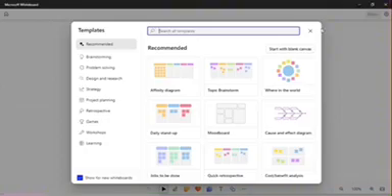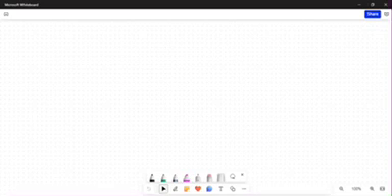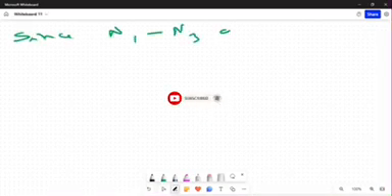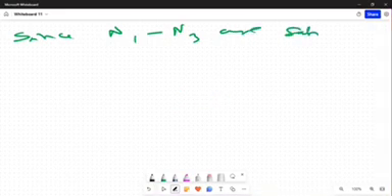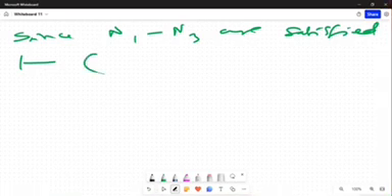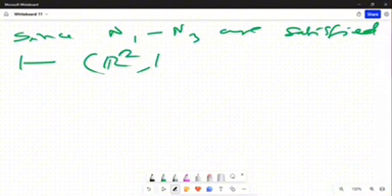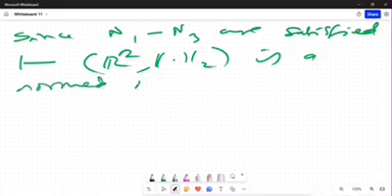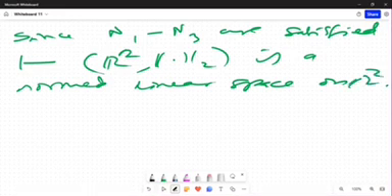So since axioms N1 to N3 are satisfied, it follows that this structure, which is R2, that's my X, together with the norm itself, norm 2, is a normed linear space. It's a normed linear space defined on R2. Okay, so that's our conclusion over there.